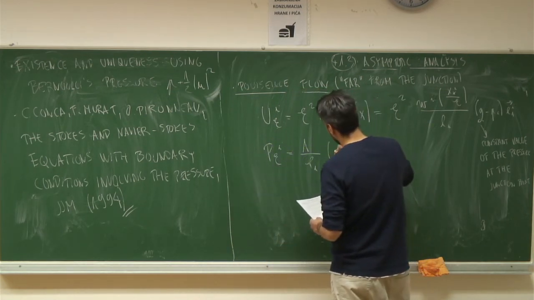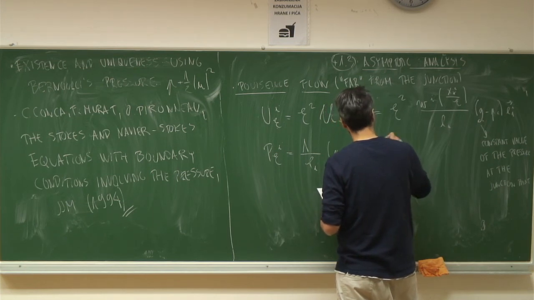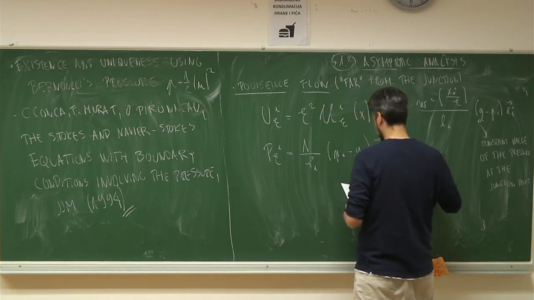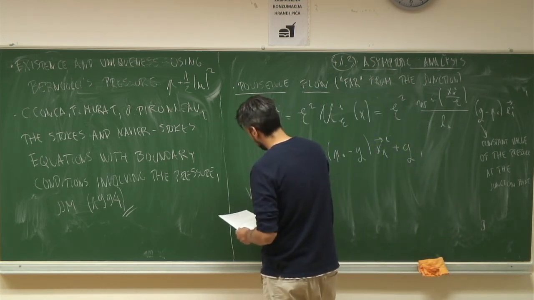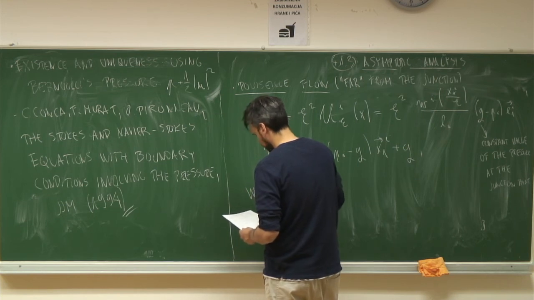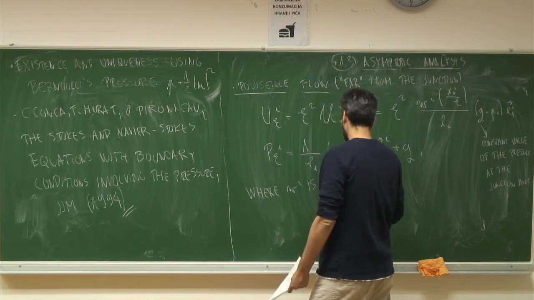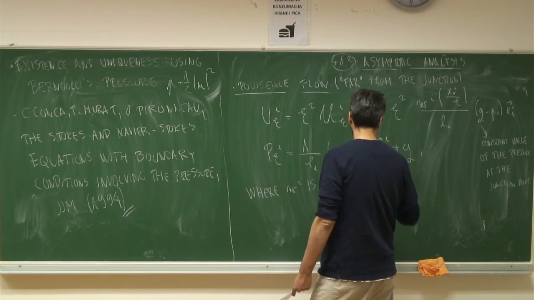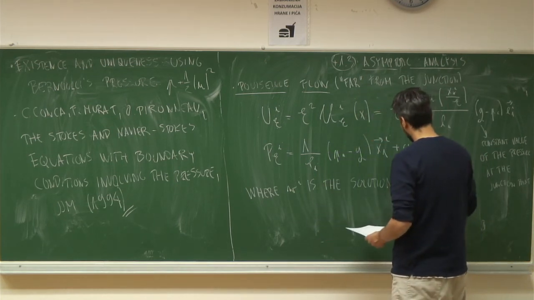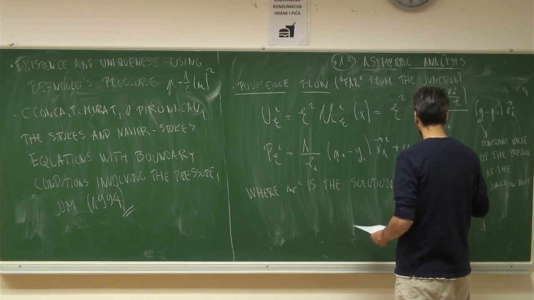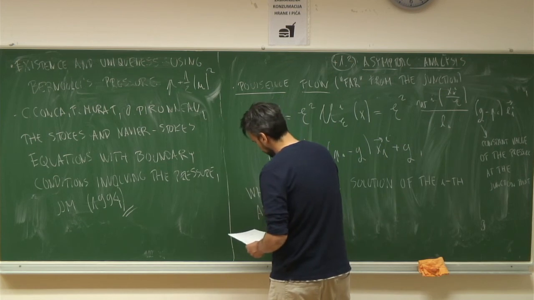So this is (π_i − q) x_1^i plus q. So this v_i is the solution of the auxiliary problem.